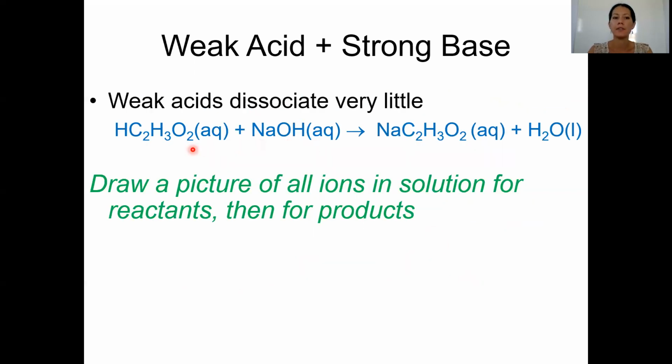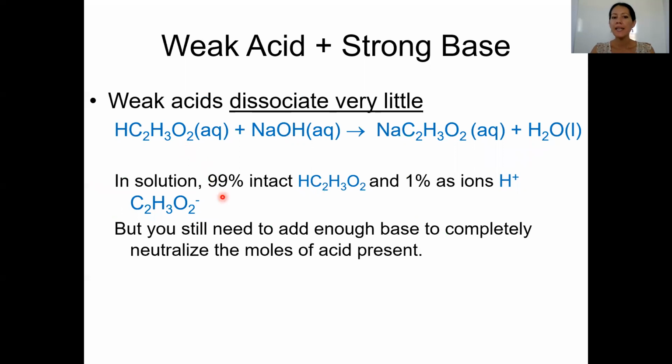The next is a weak acid, such as acetic acid, and a strong base, such as sodium hydroxide. Here I only have one hydroxide, and I have one H+, so that'll give me sodium acetate, aqueous, and water. Draw a picture for this one, and remember that I said acids only dissociate very, very little. So only a little bit is in the H+ and acetate form, but most of it is intact. 99% actually exists as the acetic acid fully covalently bonded compound, and only 1% is H+ and acetate.